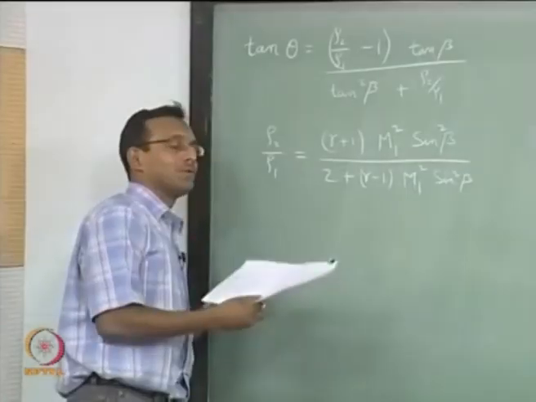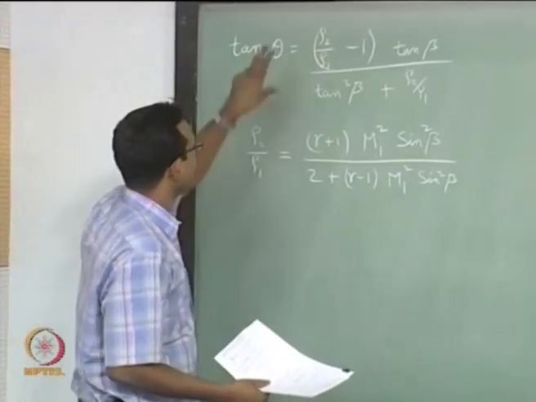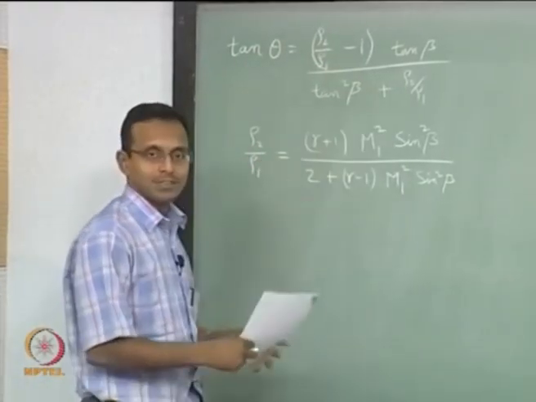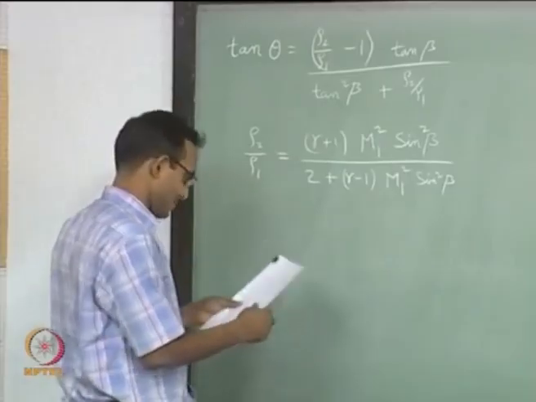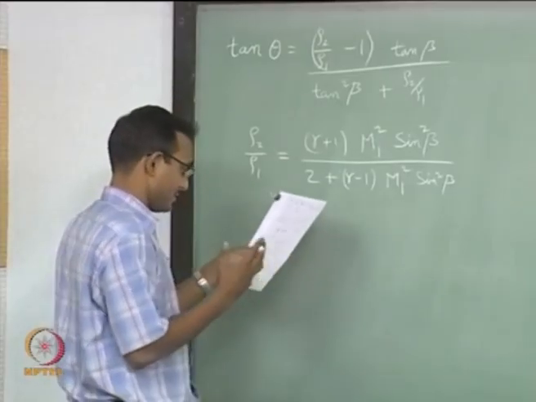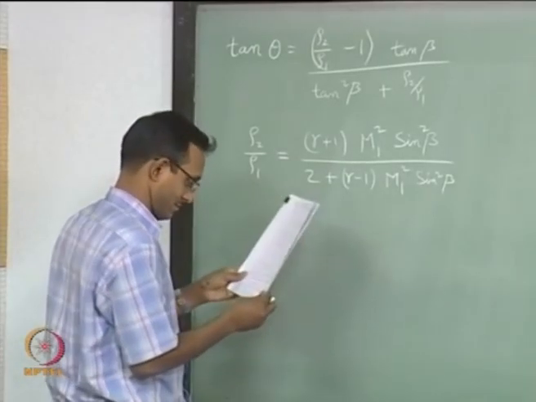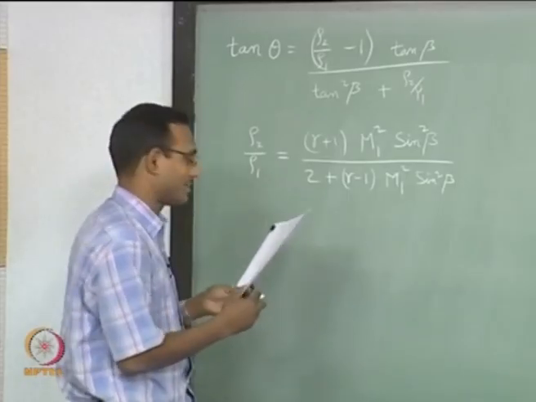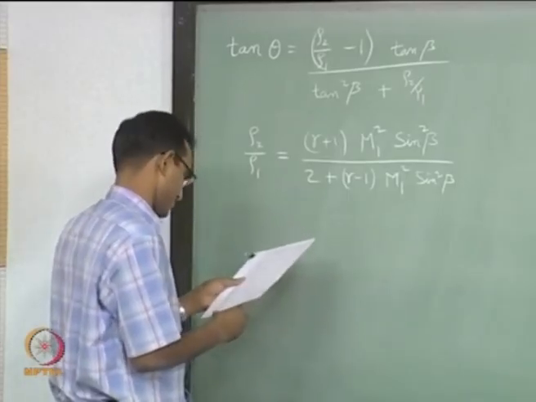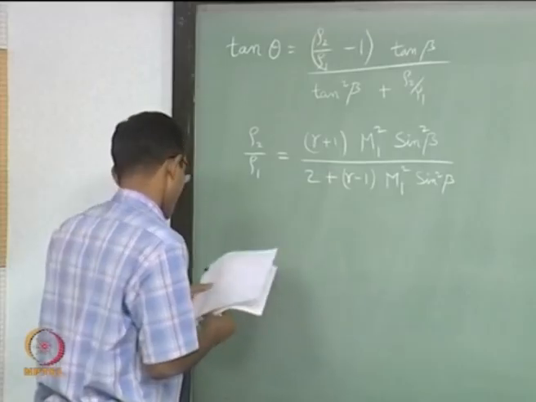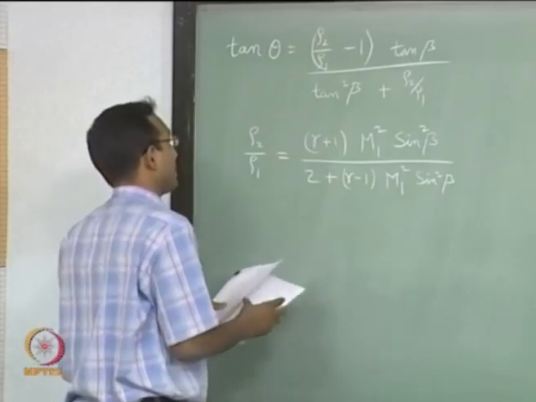Now, our job today is to substitute this inside this rho 2 by rho 1 and here, and simplify the expression, so that we will have something very easy to work with. It may not be very easy, but it will be simple enough to work with. That is the goal. So, let us start substituting.